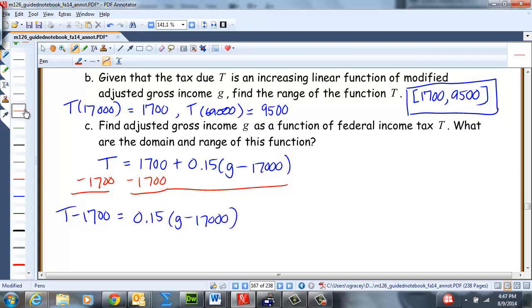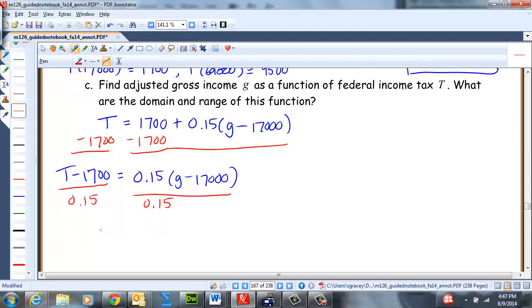And then if we divide both sides by 0.15, we'll get T minus 1,700 divided by 0.15 equals G minus 17,000, because these will divide out.